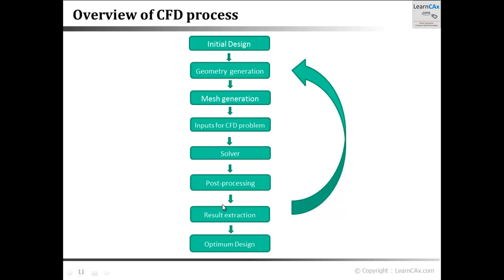All these analyses can be done before the prototype stage, so it saves time and cost, because we can do all these parametric simulations and zero in on the right design by CFD instead of doing experimental prototype analysis. So this is a CFD cycle, or a design optimization cycle using CFD.